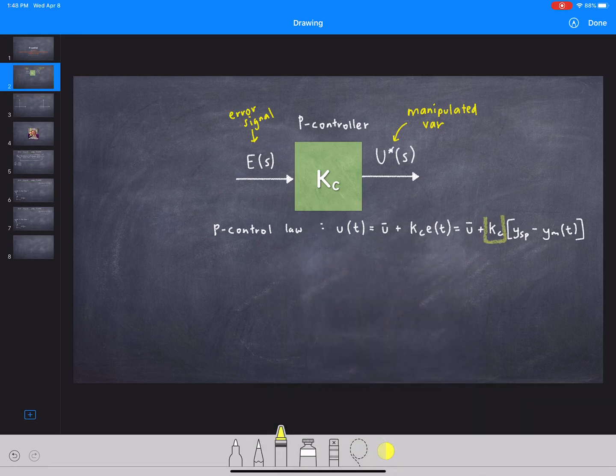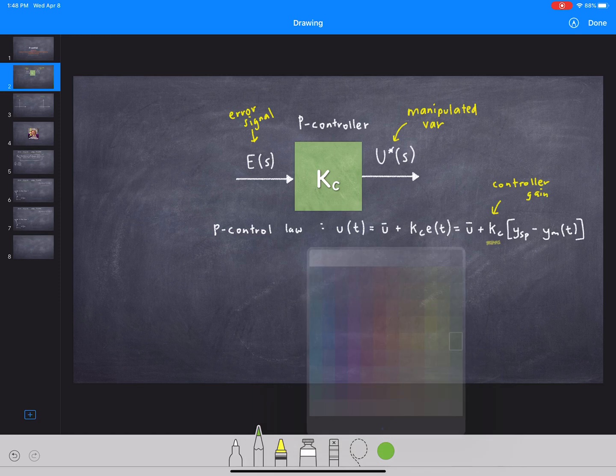This here is the controller gain. And the controller gain is the only tunable parameter in P control, right? In addition to U bar, I suppose.